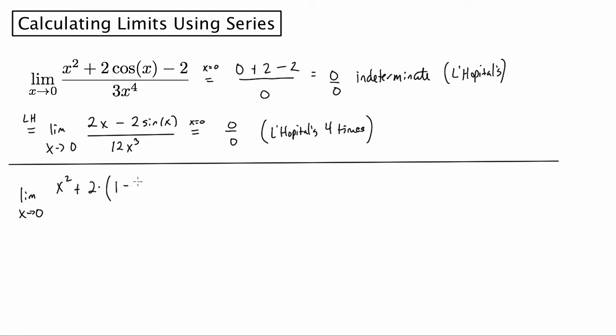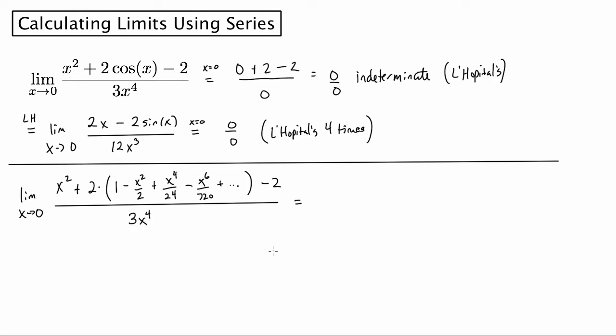So we know that cosine looks like this: x to the 4th over 4 factorial, which is 24, minus x to the 6th over 6 factorial, which is 720, and so on. Then minus 2, so that is the numerator. And for the denominator, we have just 12x cubed, and so 3x to the 4th. So we have just 3x to the 4th here in the denominator.